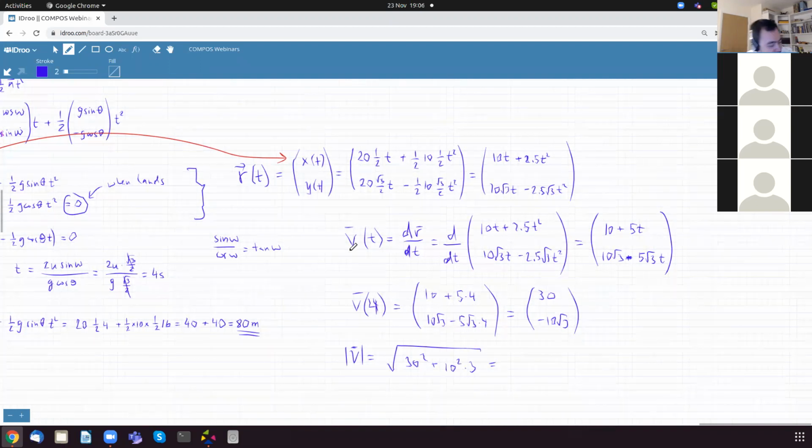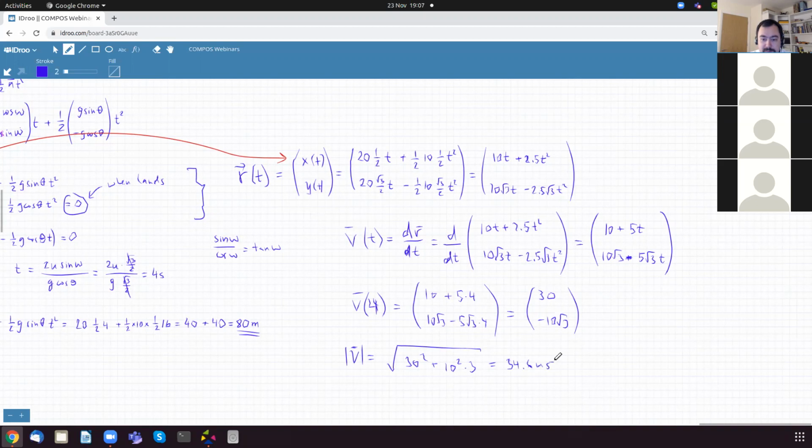So you have 30 squared plus 300, which is 1200, so the root is 20 root 3. 20 root 3 is 34.6. 34.6 meters per second.